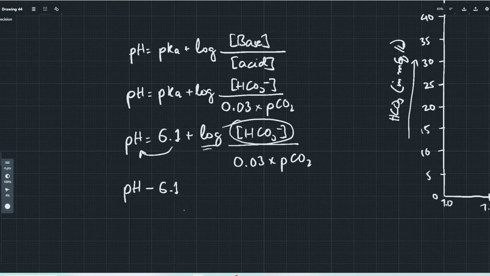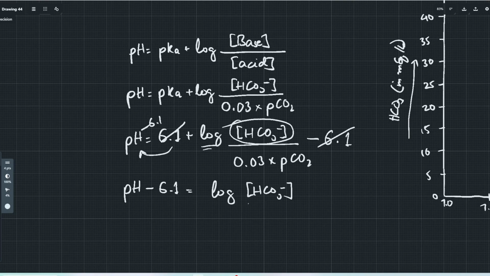Mathematically, I can subtract 6.1 here, and I can also subtract 6.1 here. This and this will cancel out. Then we will remain with pH minus 6.1 equal to log of this expression.